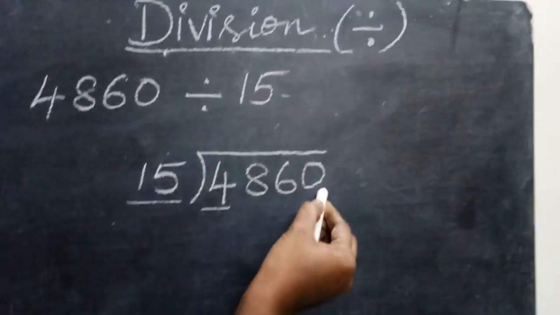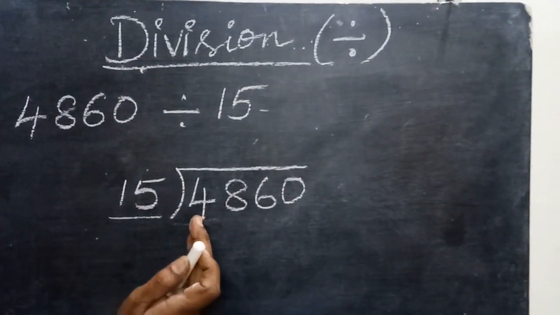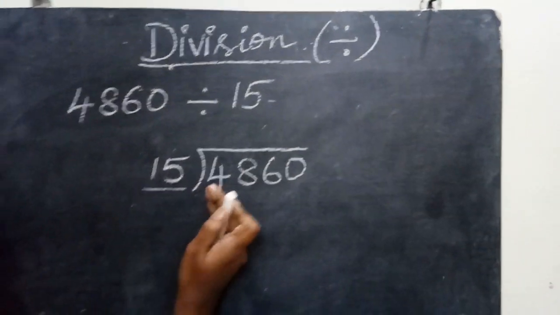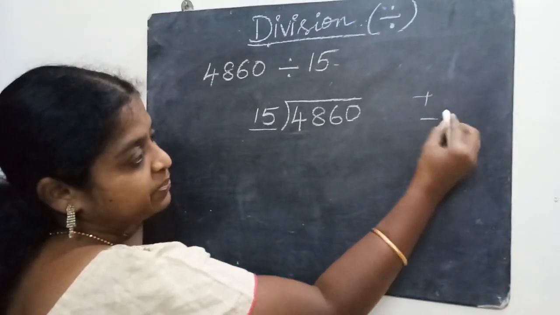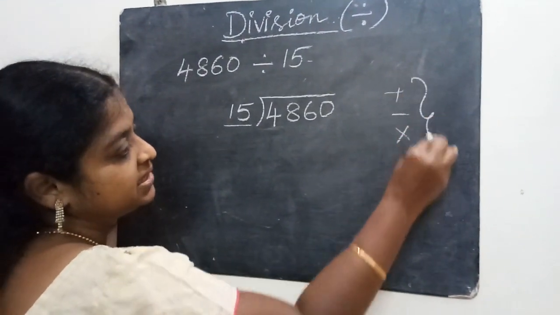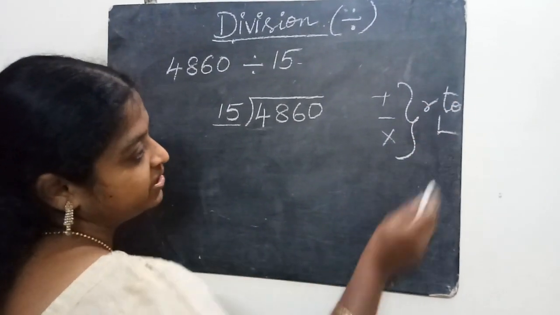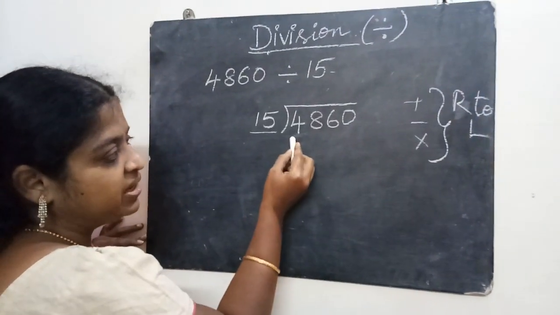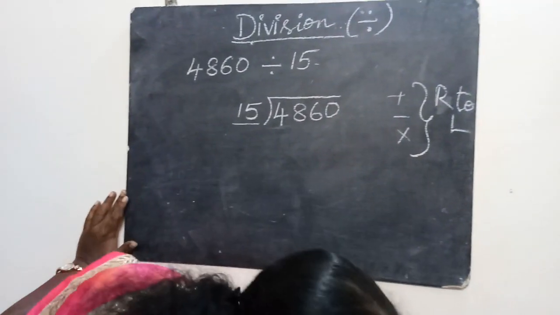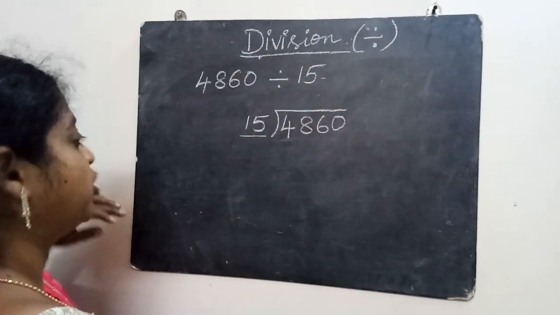Here it is the units place, tens place, hundreds and thousands, but we are going to start from the highest place. Left to right. Addition, subtraction, multiplication, these three go from right to left, but division you should do from left to right. Clear children? Okay, hope you are following.